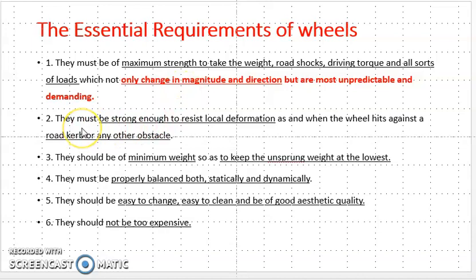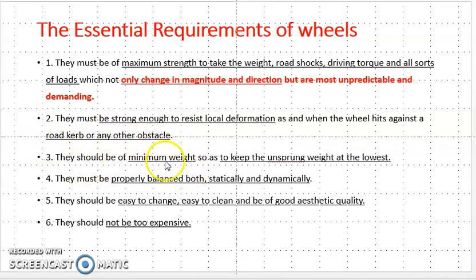Okay, and after that the wheel must be strong enough to resist the local deformation when the wheel hits against a road curb or any other obstacles.